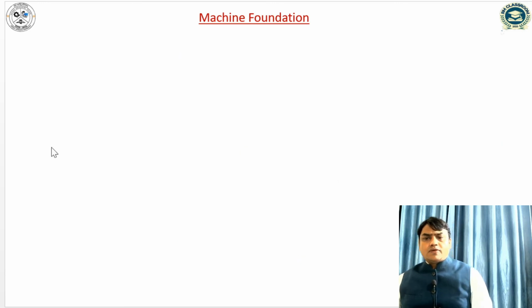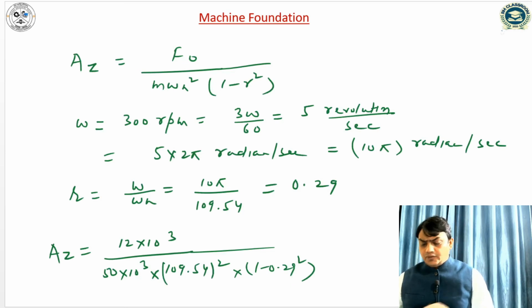If I compute the value of maximum amplitude, it will be 12 divided by 50 into 109.54 square into 1 minus 0.29 square.